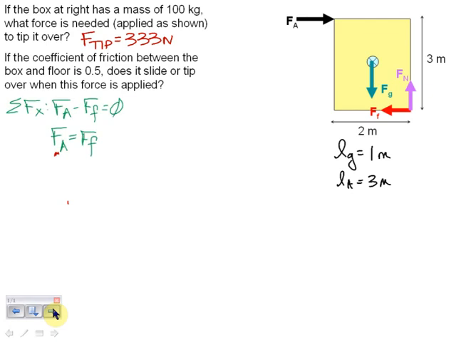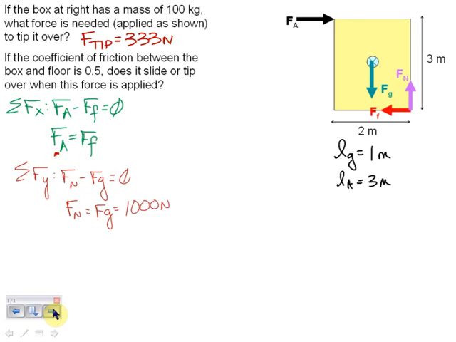We also have a sum of the forces in the y direction, which is our normal force minus our gravitational force. Again, no acceleration up or down, so they equal 0. This tells us that our normal force is equal to our gravitational force, which is 1,000 newtons.